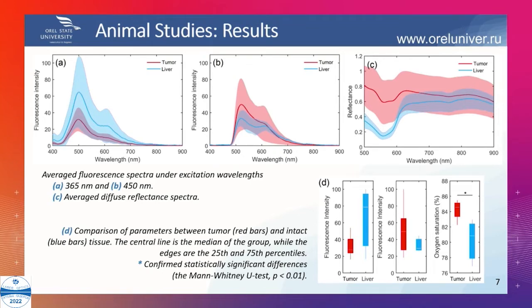Also, in all research in the DRS channel, we found that the oxygen saturation of tumor is higher than that of intact liver. A possible explanation is that tumors are almost exclusively vascularized by the hepatic artery, whereas healthy liver is primarily supplied by the portal vein.